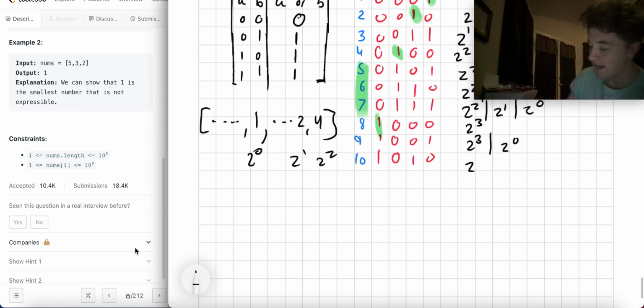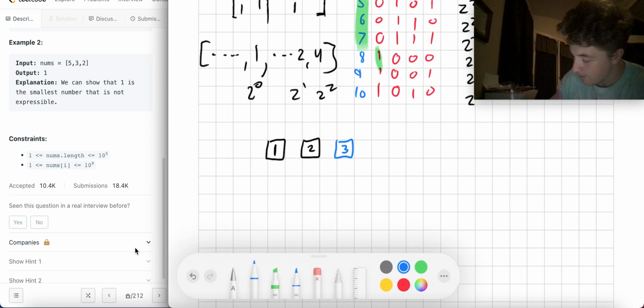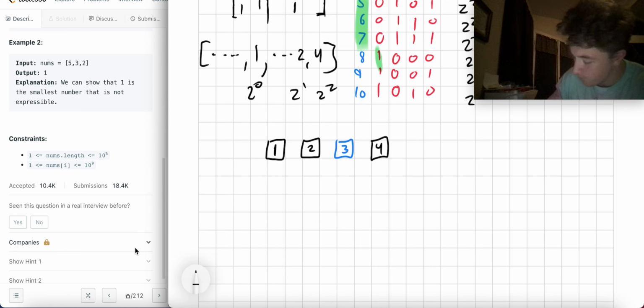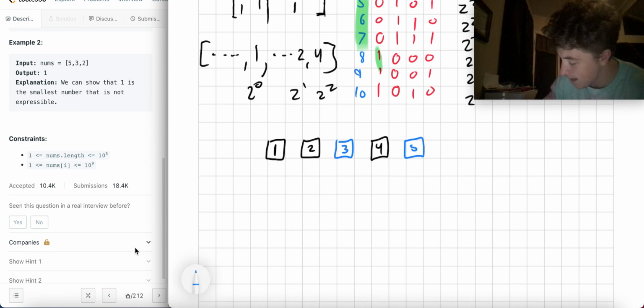Okay? So if I have 1, I can create 1 alone. If my system has 2, then just from that I know I can create 3. If I have 1, 2, and 4, I know that with this system I can express 5, 6, 7.